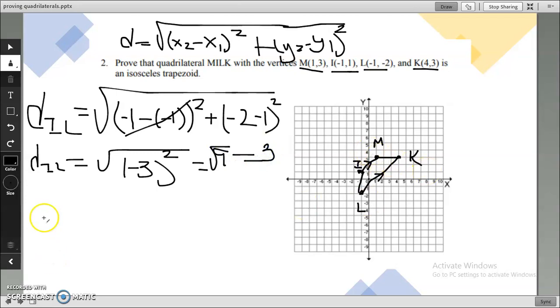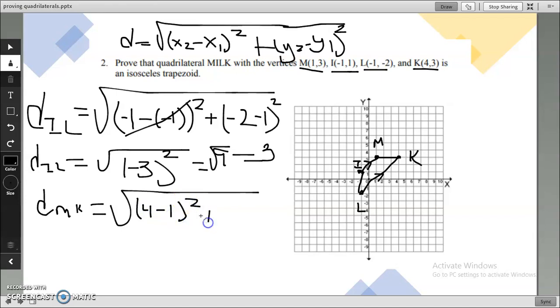Okay, now let's do MK. K is our second point because we wrote it second. So we'll say 4 minus 1, squared, plus 3 minus 3, squared.